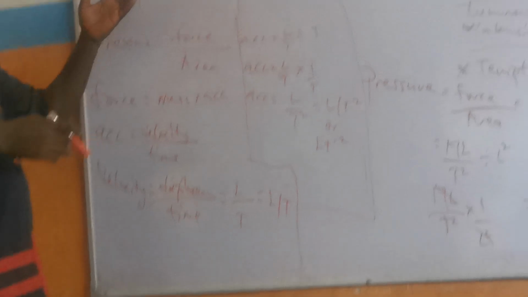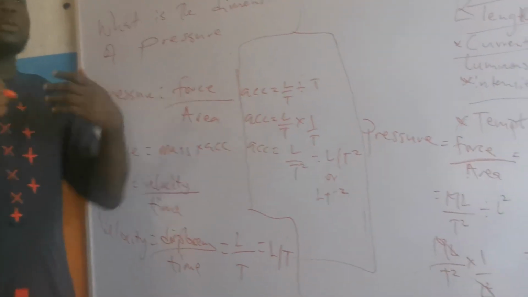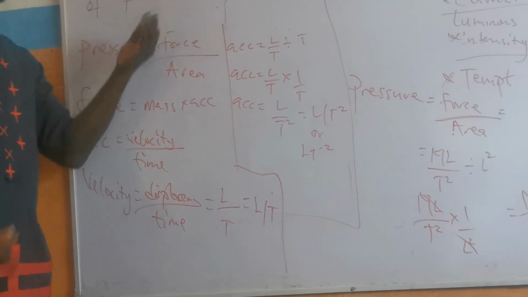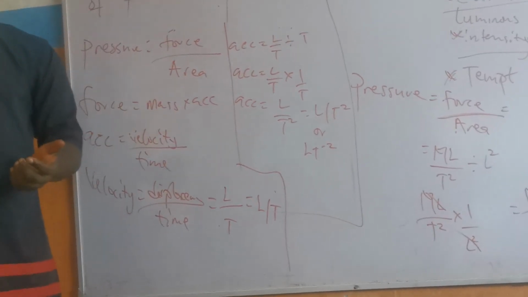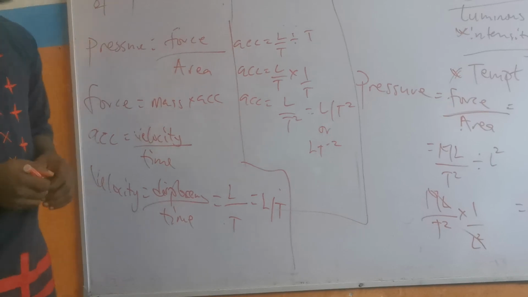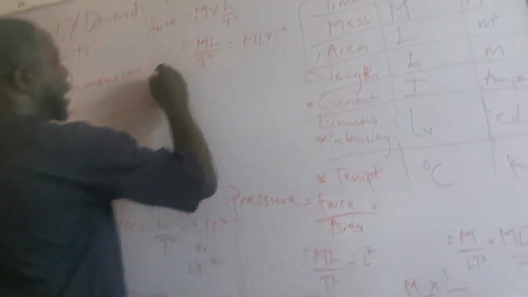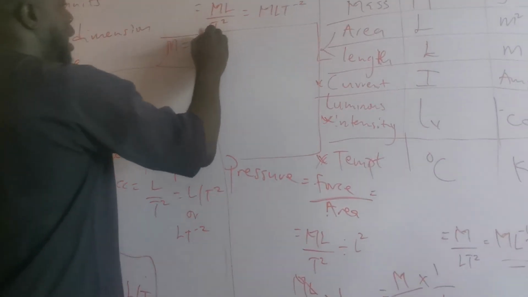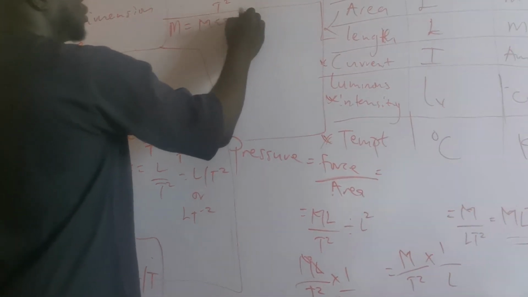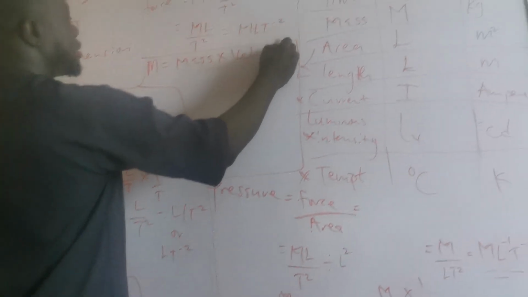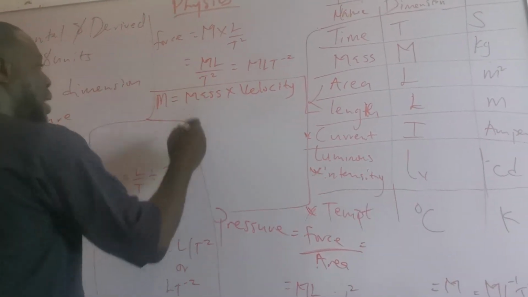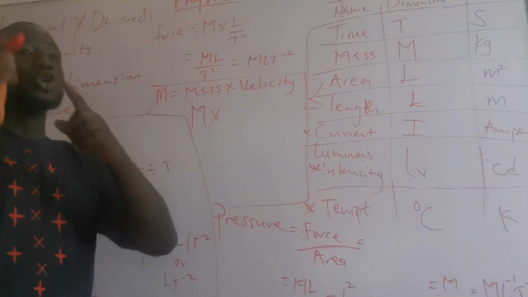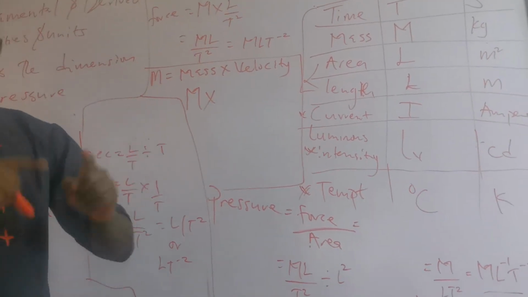So basically, if they ask you what is the dimension for momentum, what you just have to do is very simple. Know the formula for momentum. Momentum is equal to mass times velocity, right? Mass is M. I told us you can easily return your units back to dimension.